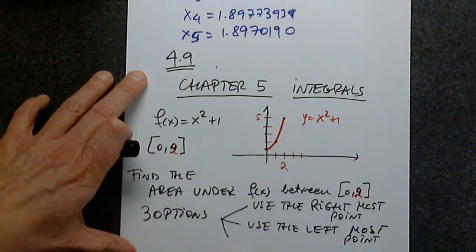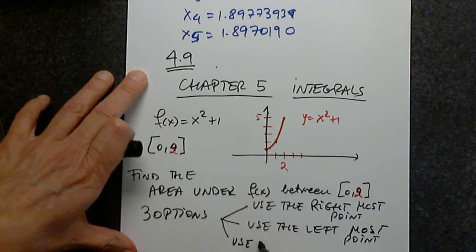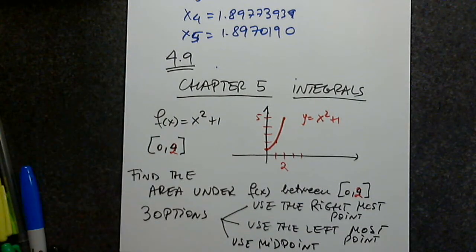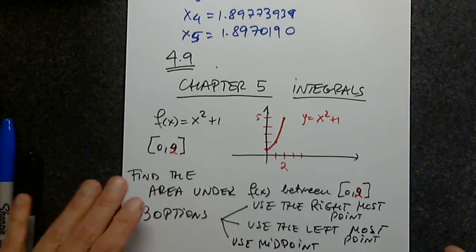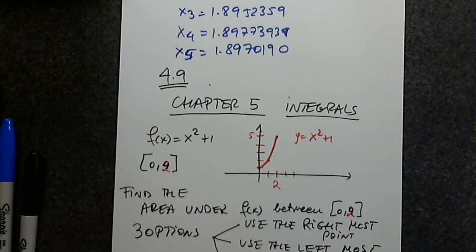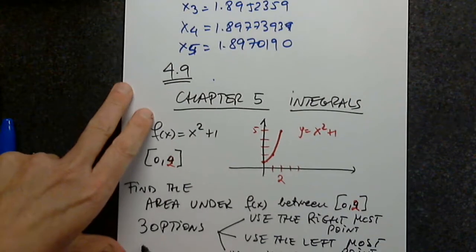And of course, the third possibility is use the midpoint. So let's suppose we start by using the rightmost point, and we have to decide how many subintervals we want. Let's say we want to use for now 2 subintervals.